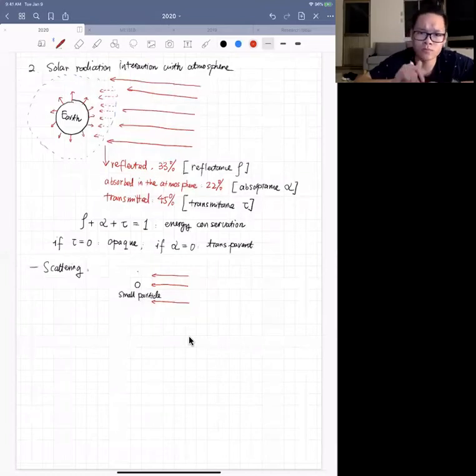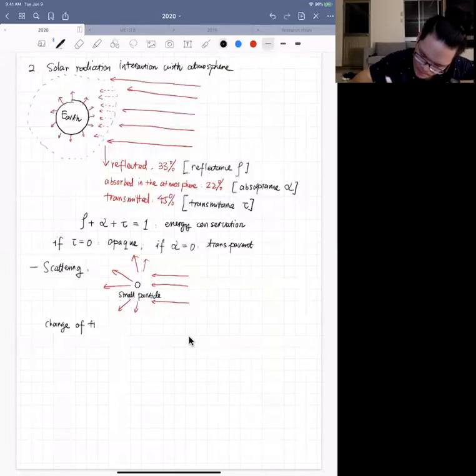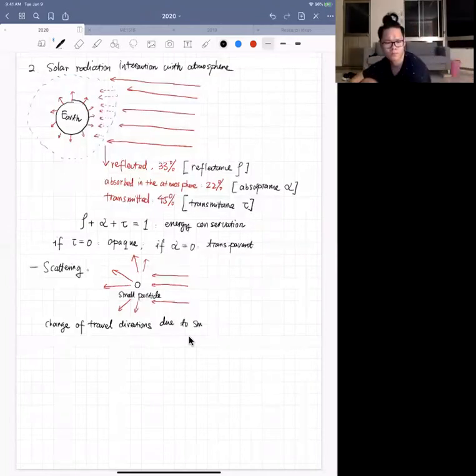So after interaction with this particle, your radiation is going to go into different directions with different intensity. This is basically a change of travel directions due to small particles or objects.